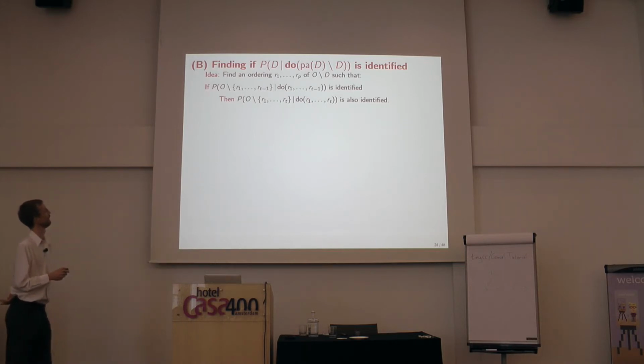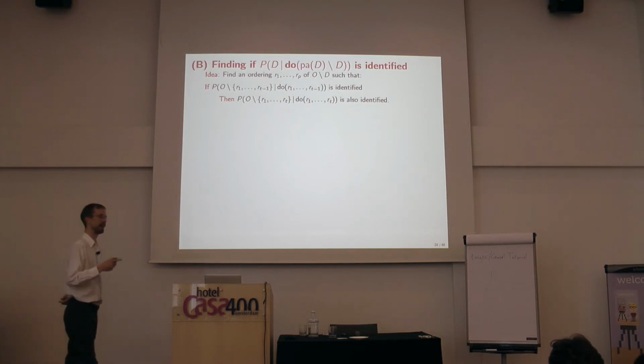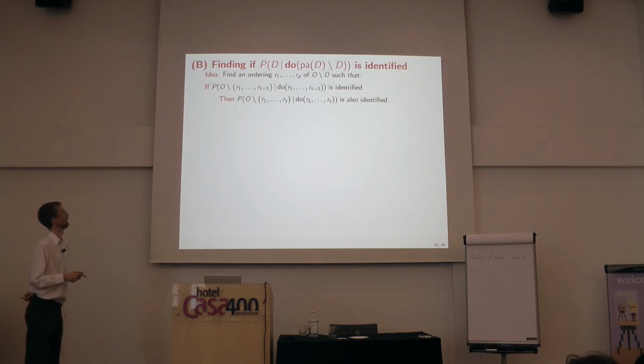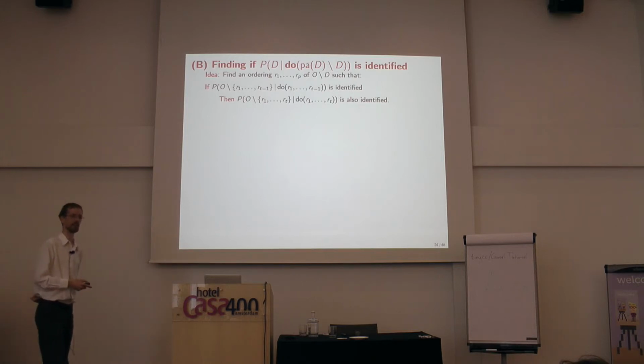such that we have the following property, that if we'd already identified the distribution where I intervened on R1 to RT minus 1, then the distribution where I also intervened on RT is also identified.